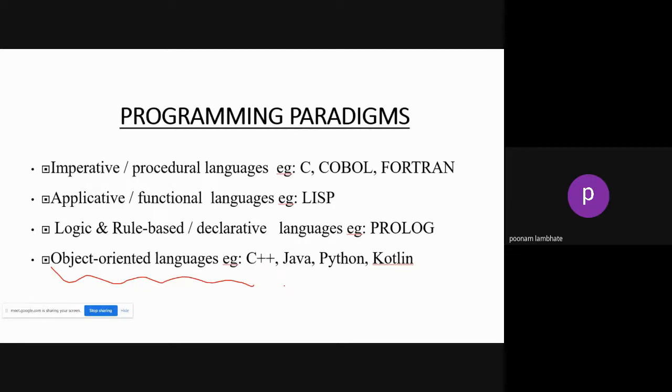All that is different for different programming paradigms, meaning programming styles. So Java follows the object-oriented programming style or paradigm. Even C++ follows that, and Kotlin as well, Python also.